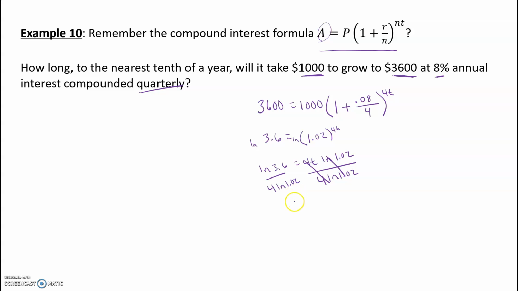And when all is typed in your calculator and all is said and done, you should get about 16.2 years. So it should take 16 years for your $1,000 to grow to $3,600 at an 8% interest rate.